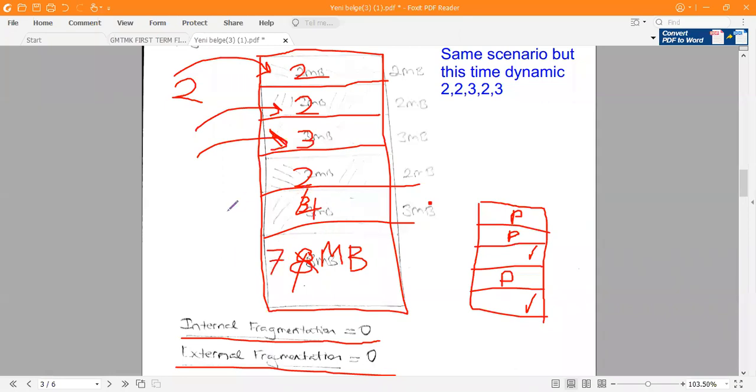Even if the coming process is bigger, it will still fit. Until, for example, a 12 megabyte process comes, these coming processes can fit, because there's a contiguous space that memory can use.